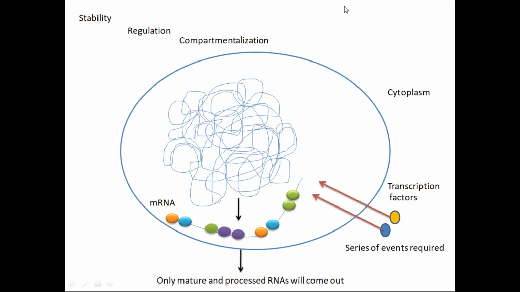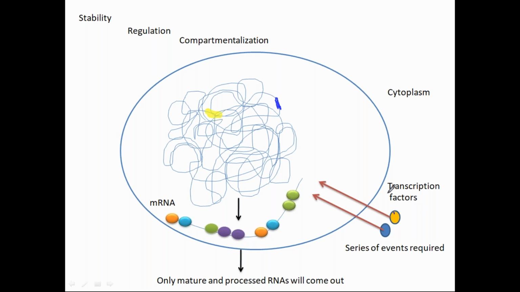Suppose I want a gene located here to be transcribed. There are two conditions. If one gene is present here, one here, and one here, which is easy to transcribe? Which one is easily accessible?